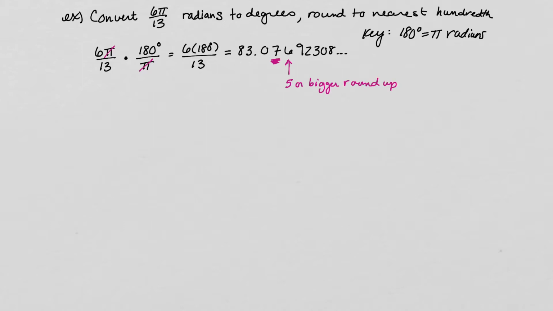And if it's smaller than 5, we round down. So in this case, here I have a 6. 6 is bigger than 5. It's 5 or bigger, so we're going to round up. So this would be approximately 83.08 degrees.